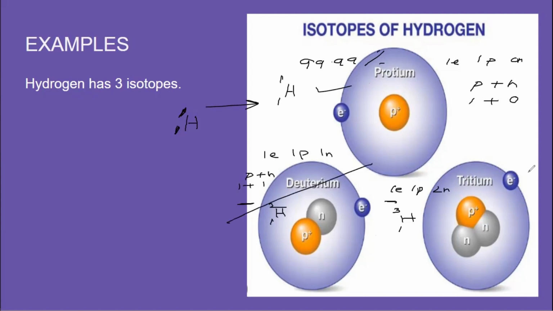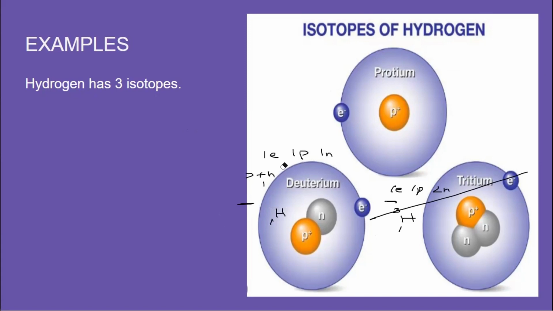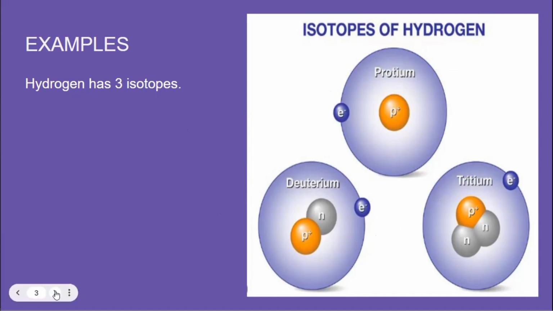So we just neglect these two and we consider that most hydrogen particles have 1 electron, 1 proton, and 0 neutrons. That's why in the periodic table you will find that hydrogen is written with atomic number 1 and atomic mass 1. So this is one of the examples. Hydrogen is the first element of the periodic table and it has 3 isotopes.